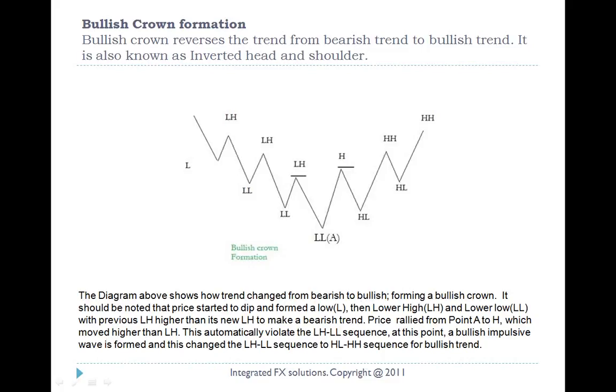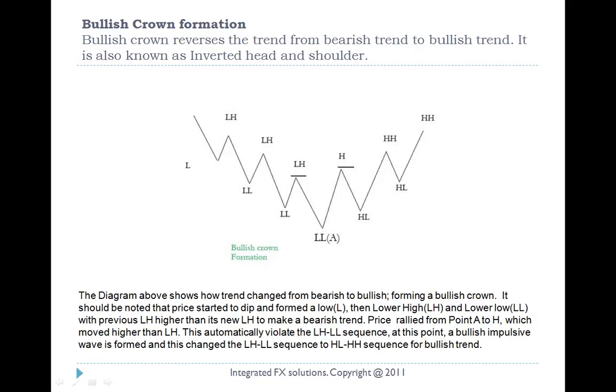The lower high must be lower than the previous lower high. But all of a sudden, price rallied to a point H, that's a high, which is higher than the previous lower high. And at that point, the sequence lower high and lower low has been violated.